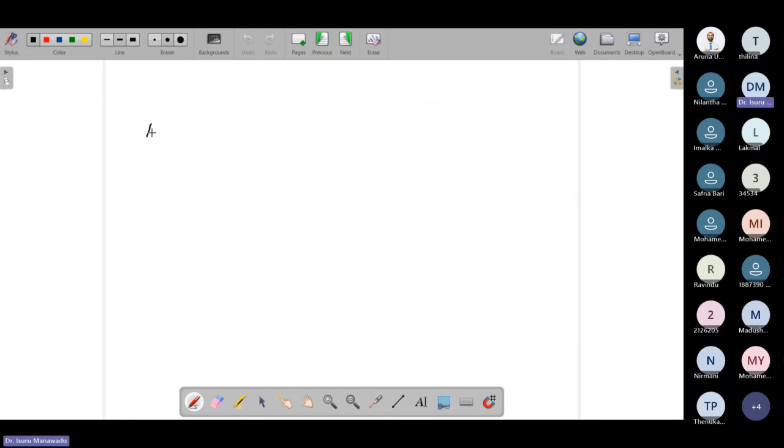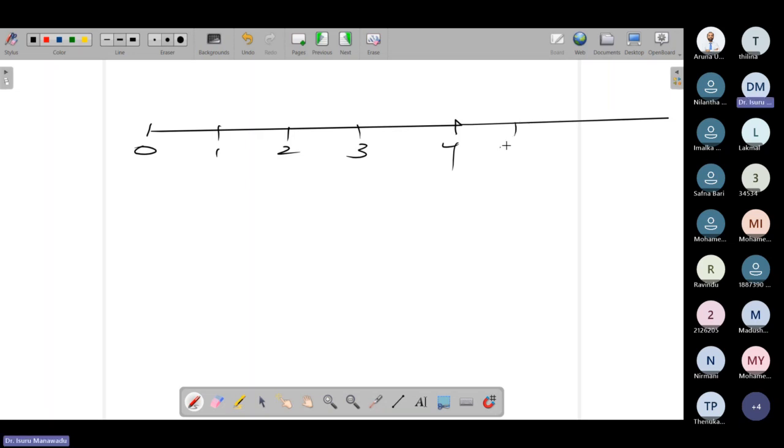Let me draw the timeline. Year 0, 1, 2, 3, 4, 5, 6, 7, 8, 9. Right?